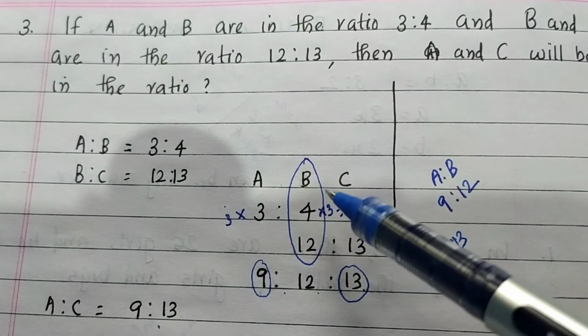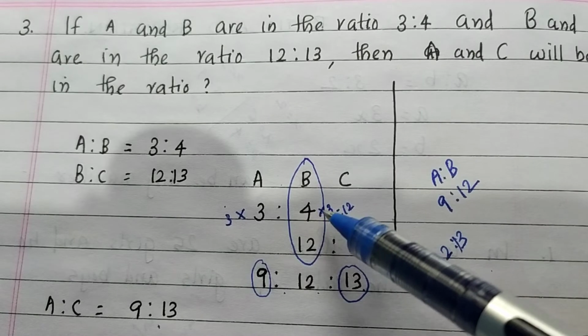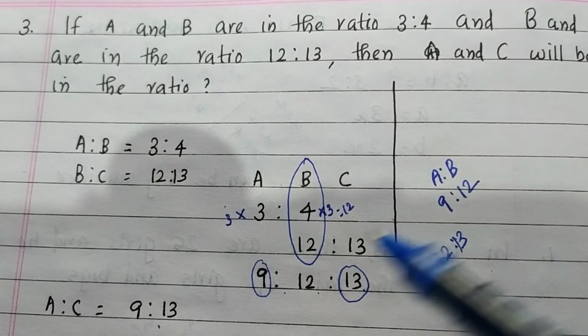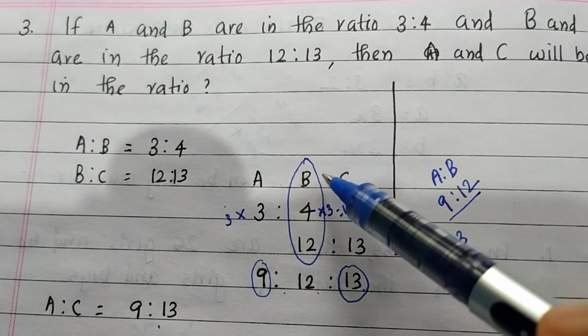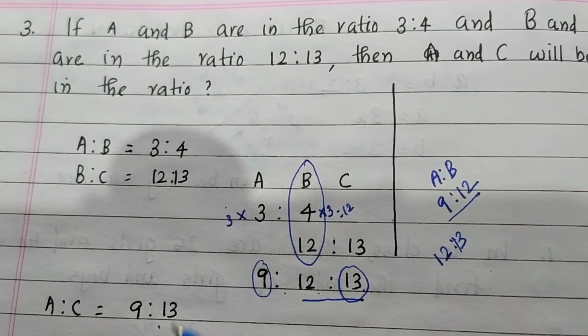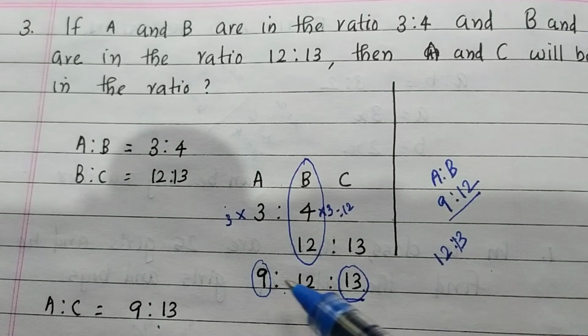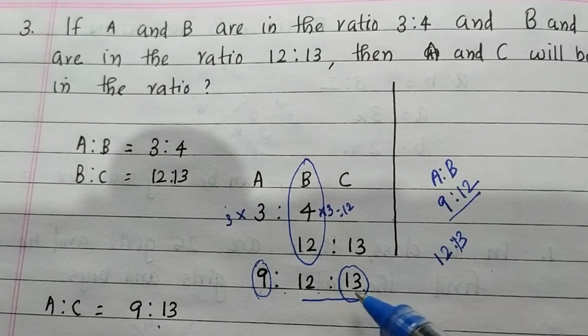If we multiply 4, the value of B, with 3, then we have to multiply the same number here also. So we will get 9:12. The ratio of B and C is 12:13. So we will get the ratio of A, B and C as 9:12:13. So from there we will get A is to C as 9:13.